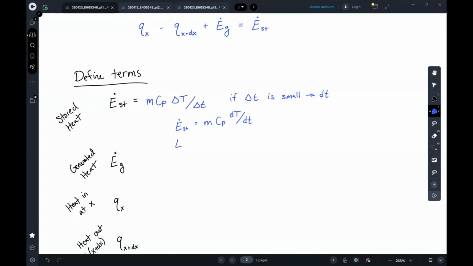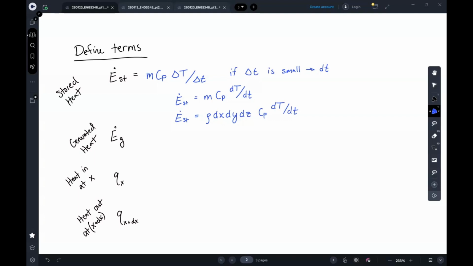So this gives us a stored energy of density times volume, dx, dy, dz, kind of a strange way to do things, times the heat capacity times d temperature d time. Again, this feels kind of a strange way of doing things, but things will simplify as we start to put things together.